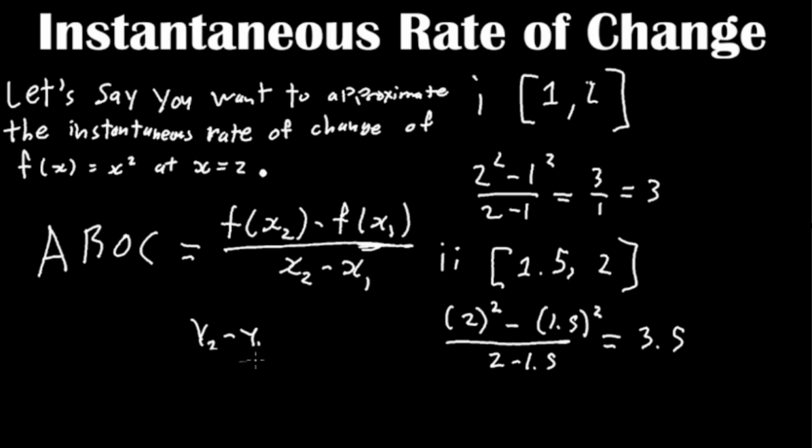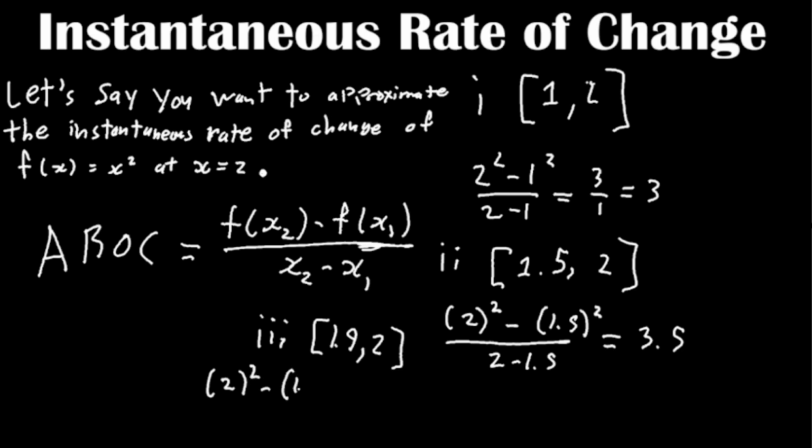All right. So let's say we want an even better approximation. Now let's go from 1.9 to 2. So we do f of x2, that's going to be 2 squared, minus f of x1, that's 1.9 squared, over 2 minus 1.9.